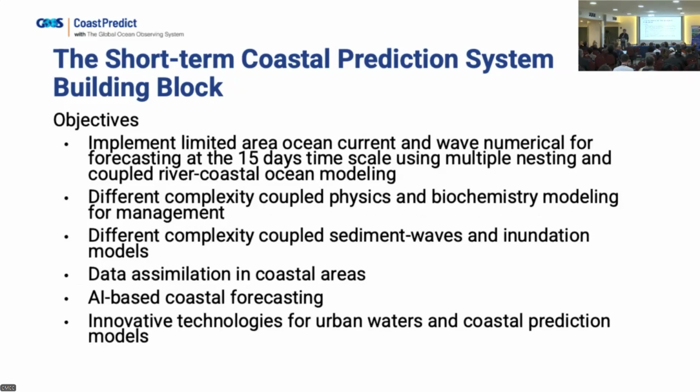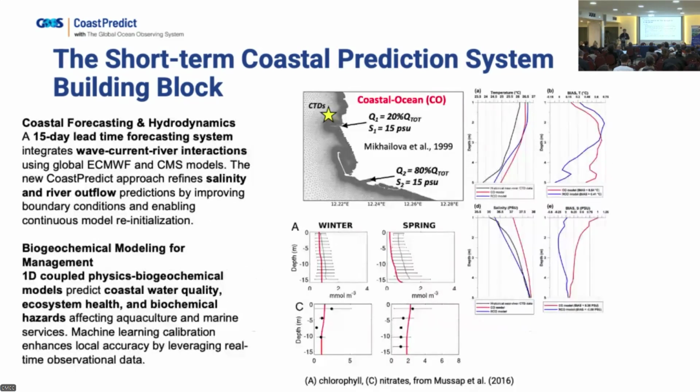And then the coupling with the river, the biogeochemistry, the waves and sediments, so more and more towards process-oriented sediment modeling, data assimilation, artificial intelligence-based coastal forecasting, and also, and here the experts said maybe this is not mandatory for each, or is not the highest priority because it's more innovative technology, urban waters prediction systems, which might be more complicated.